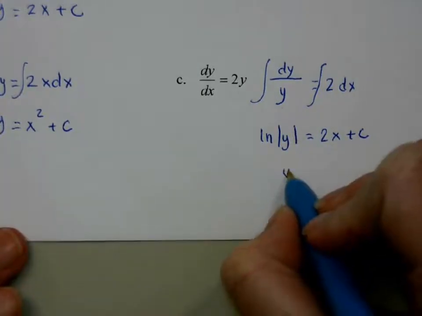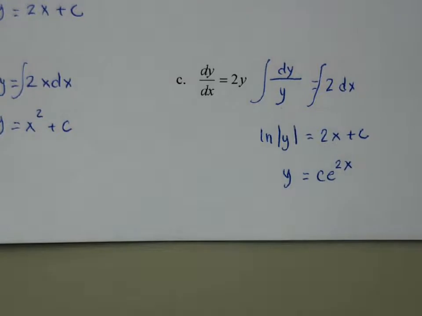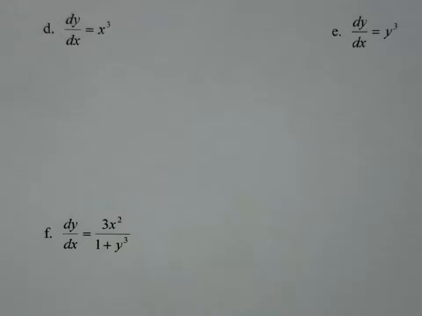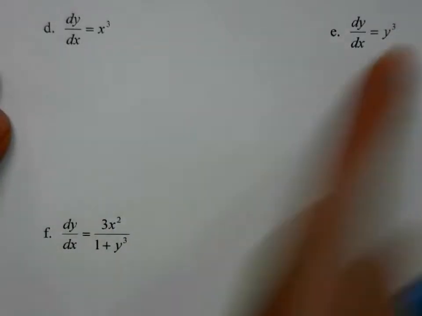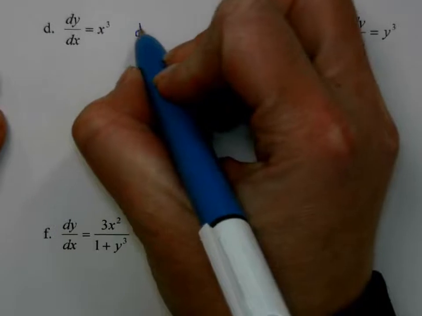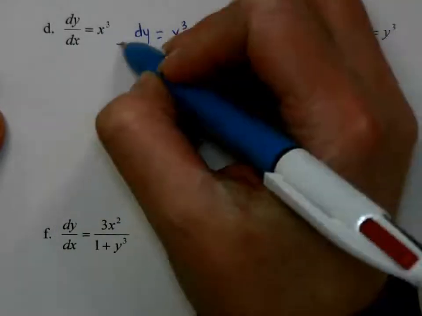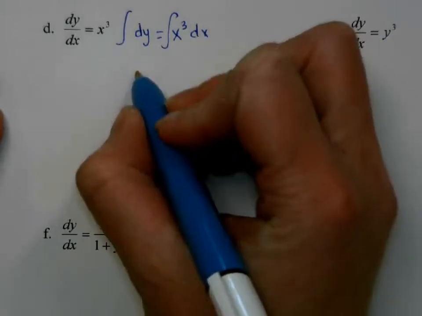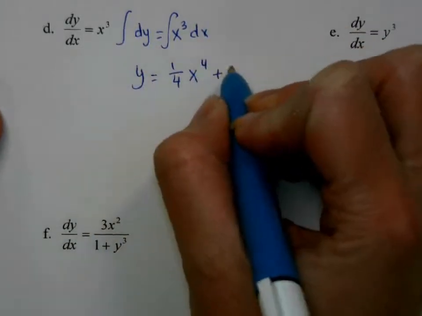So we'll raise both sides to the e, and we get y equals ce to the 2x. Next two, again, same kind of structure, but x versus y. So dy equals x cubed dx. Integrate that. Y is going to equal 1/4 x to the 4th plus c.